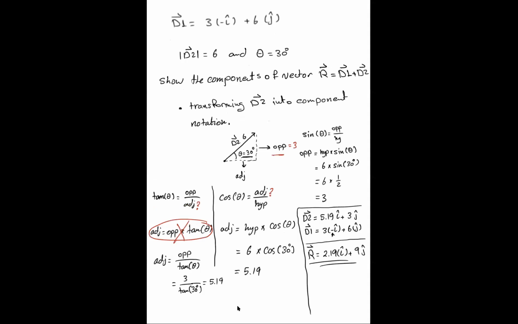And that would be the end of this practice problem. We were able to find the components of a vector, transform it into the component notation, and that allowed us to do the addition. It's really important to notice that we can only do additions when all the vectors are in component notation. And that would wrap it up for our session.